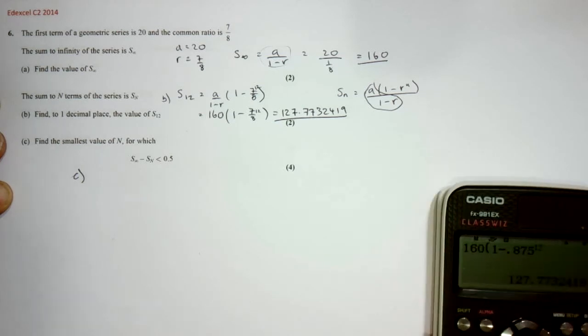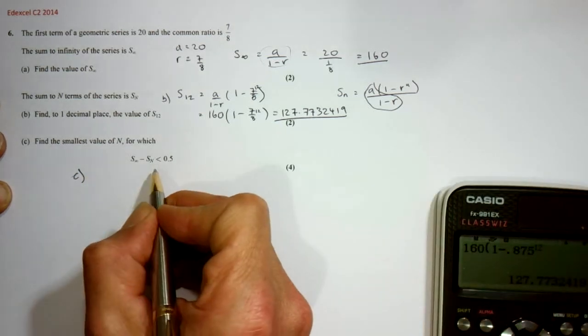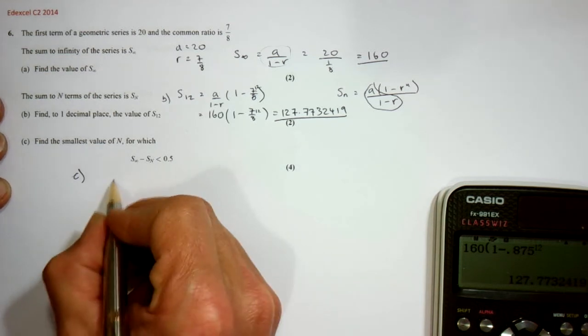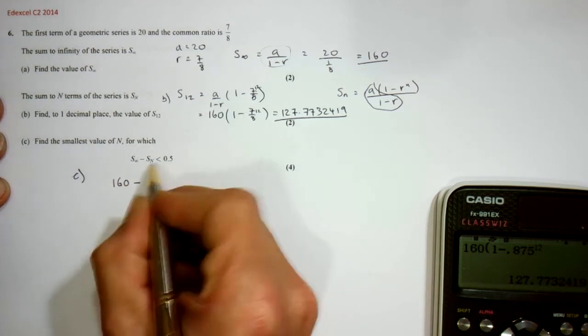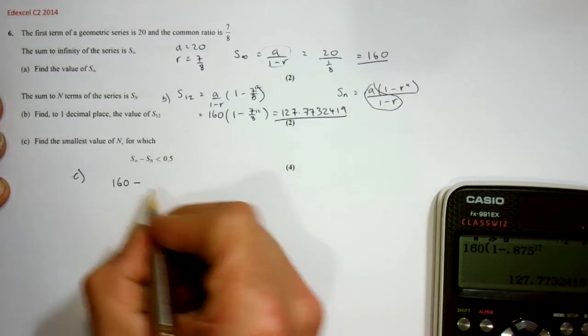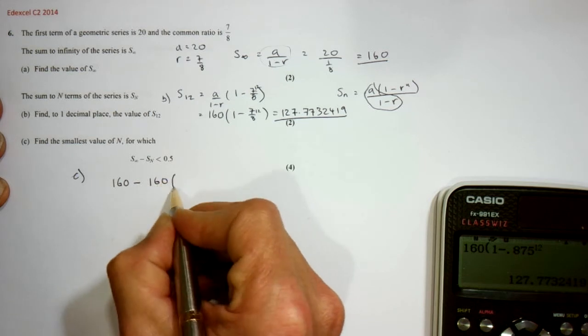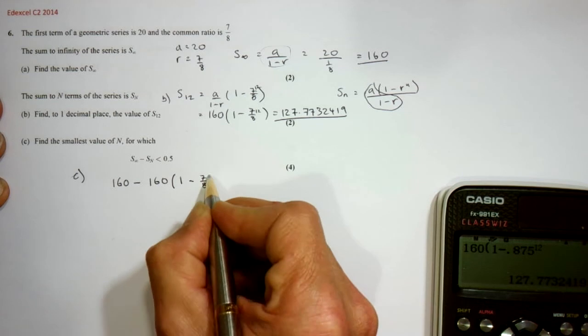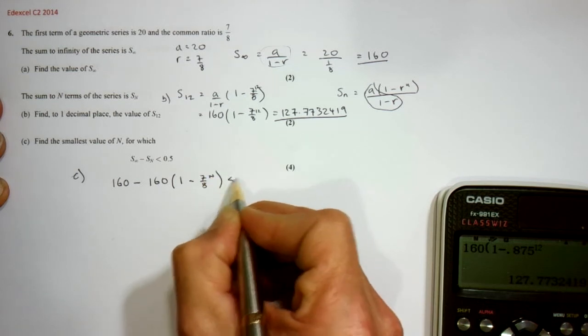smallest value of n for which S infinity take away Sn is less than 0.5. So 160 take away Sn, so we've got A over 1 minus R again, 160 bracket 1 minus 7/8 to the power of n, is less than 0.5.